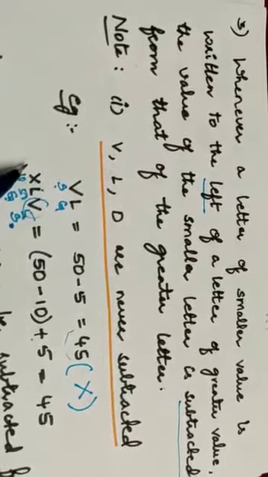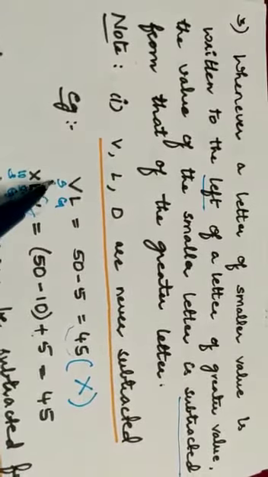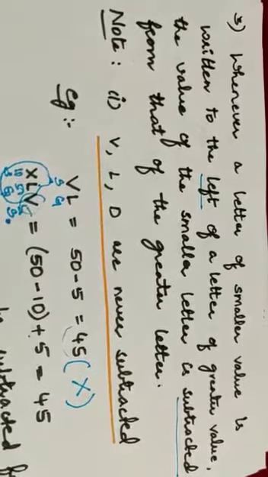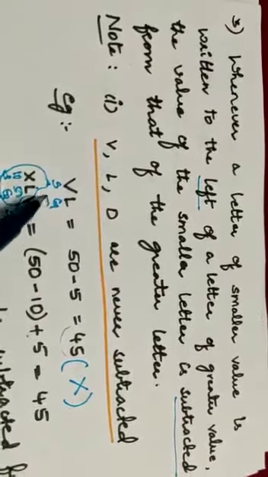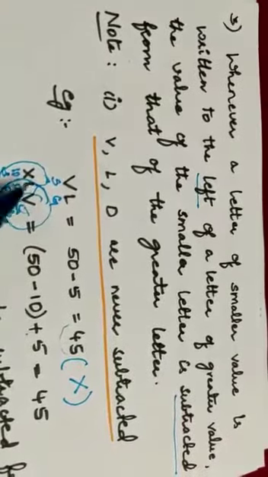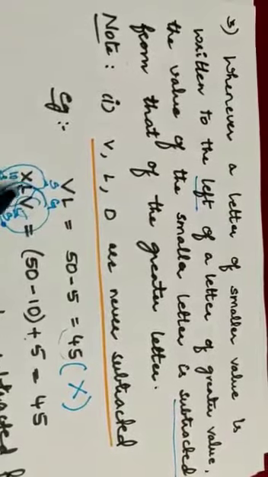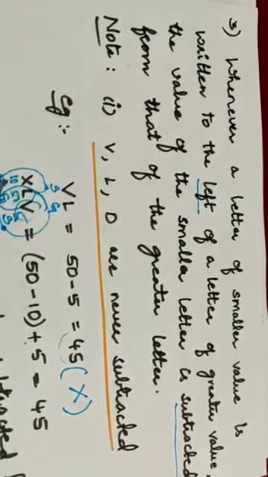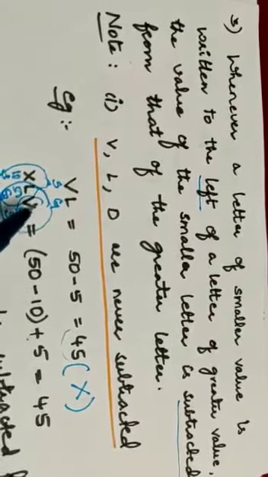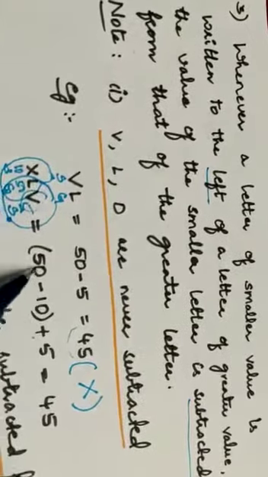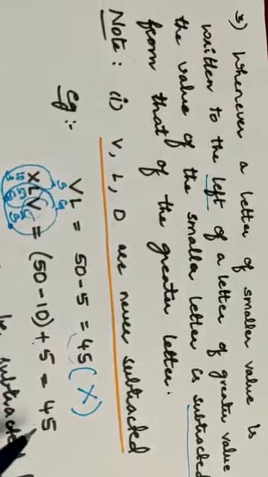Here the left side is a smaller letter, so you have to apply rule 3. And L and V, it is greater and smaller, so here you are applying rule number 2. So these two are subtracted, and the result is added to V. That's why 50 minus 10 plus 5 is 45.